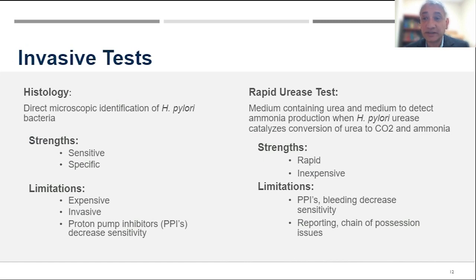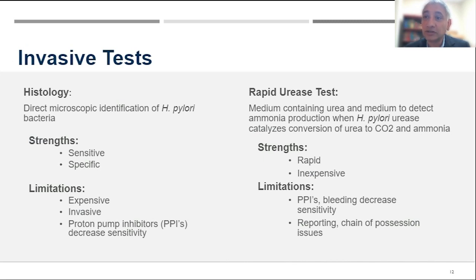Rapid urease test employs a medium that contains urea as a reagent. Biopsy specimens are added to this medium, and if there is H. pylori within these biopsy specimens, the urease that is produced by H. pylori converts the urea to ammonia and carbon dioxide.